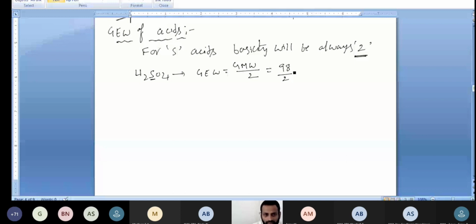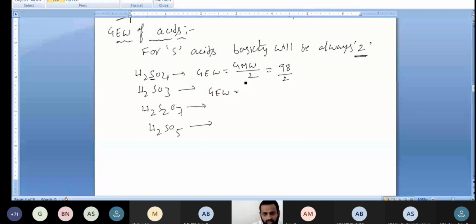So next we have any sulfur acid, like H2SO3, H2SO5, whatever the acid, here simply gram equivalent weight means gram molecular weight by 2.